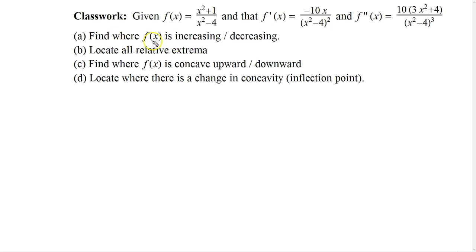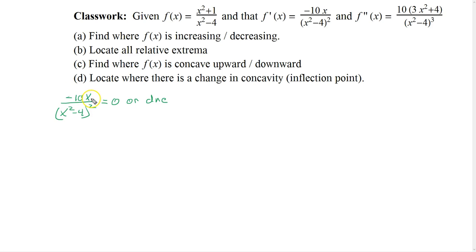Now let's find where our function is increasing and decreasing. So we need to identify where the first derivative is 0 or does not exist. Well, that's going to be 0 when the numerator, negative 10x, is equal to 0.